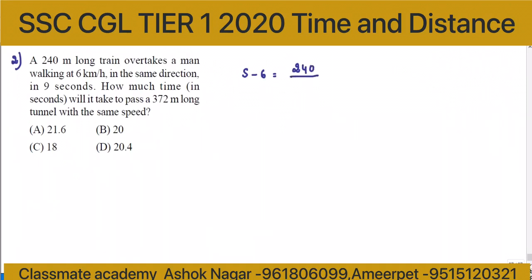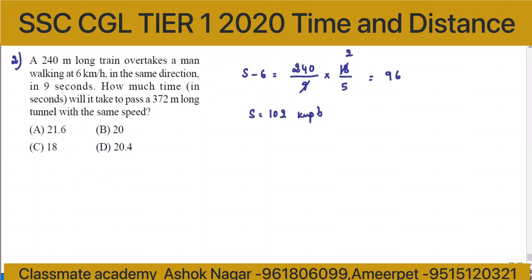How many seconds? 9. Meter per second, how do I convert it into km/h? 18 by 5. Multiplied with 2 and 2, I'll be getting 96. Then can you tell me what is the speed of train? 102. It is in terms of kilometers per hour.